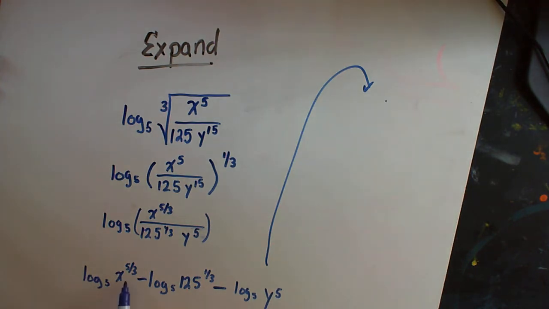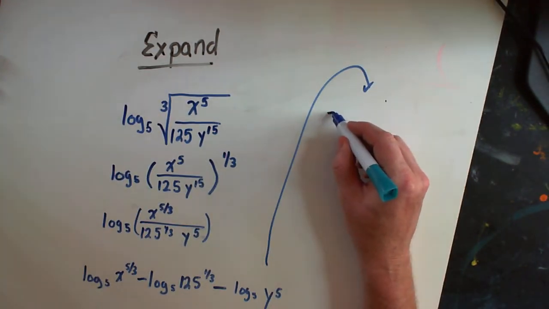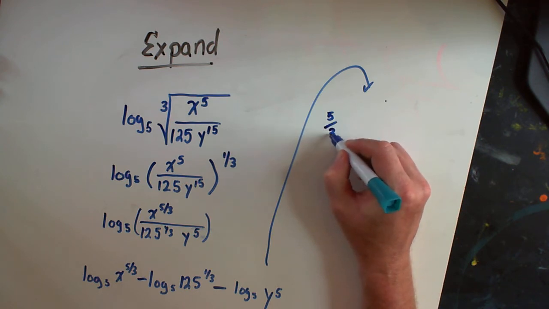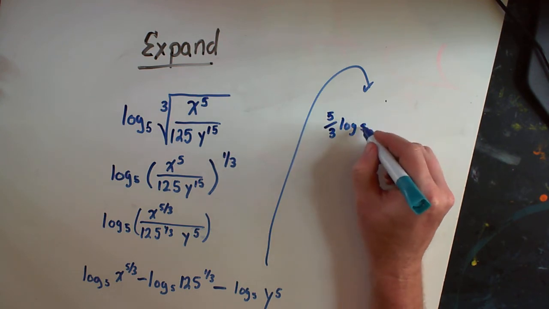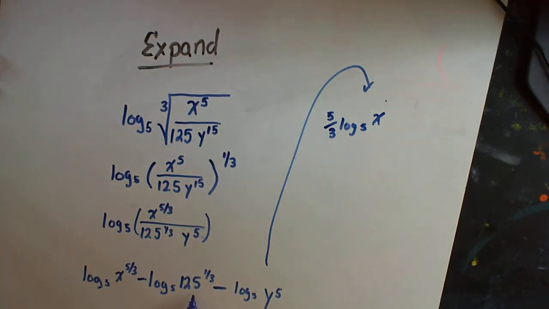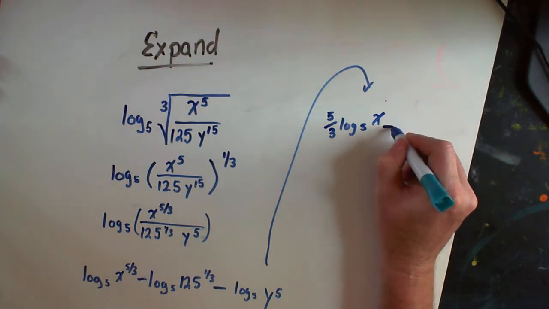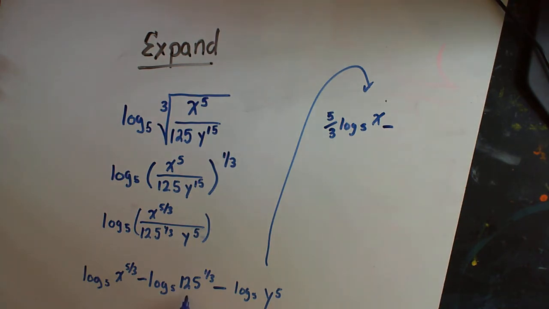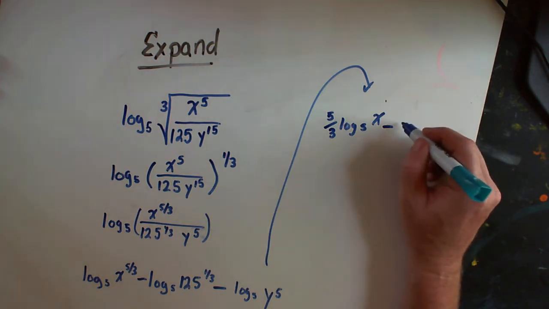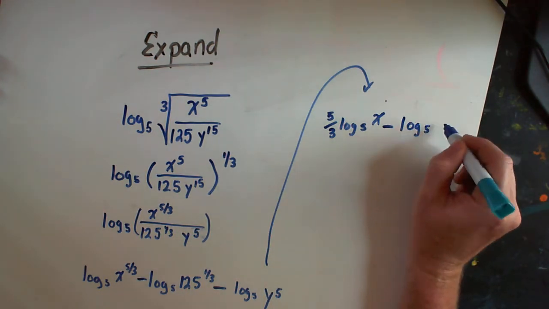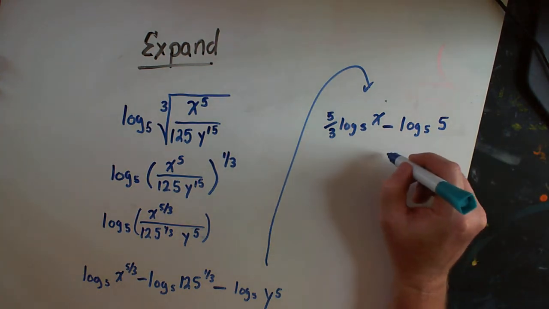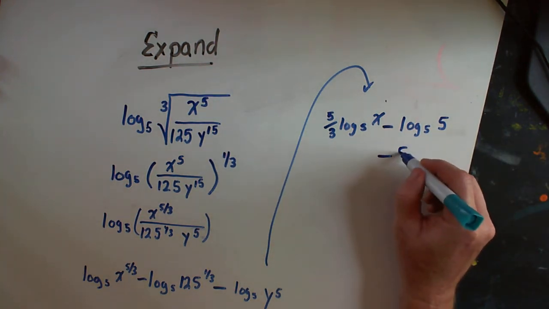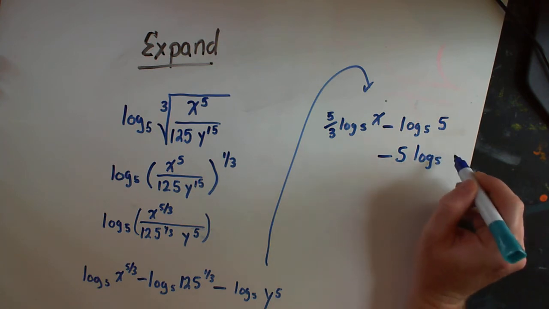Now I can swing down my exponents, so that is 5/3 log base 5 of x minus, now you can do this multiple ways. 125 is 5 to the 3rd, so the cube root of 125 is 5, and so that's going to be minus log base 5 of 5, and then the last piece would be minus 5 log base 5 of y.